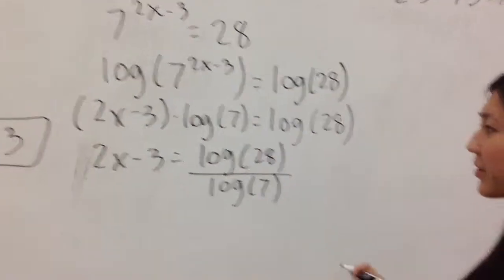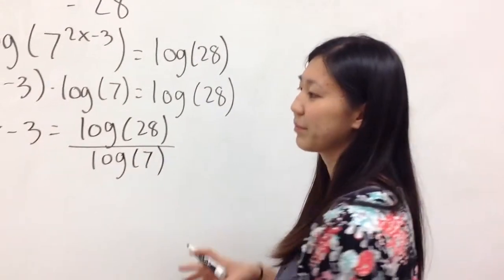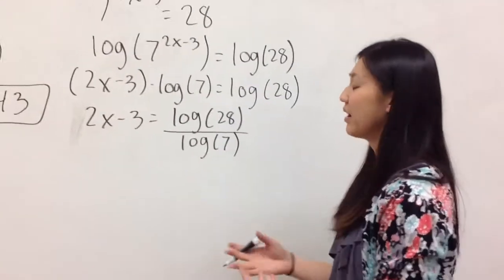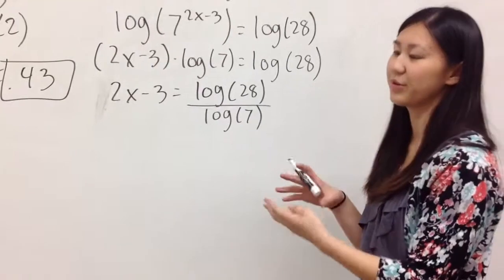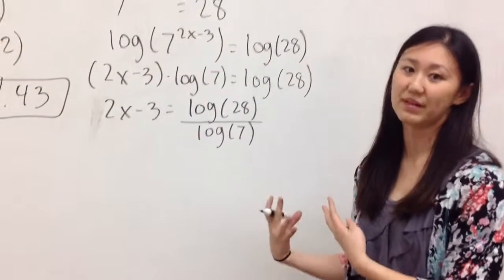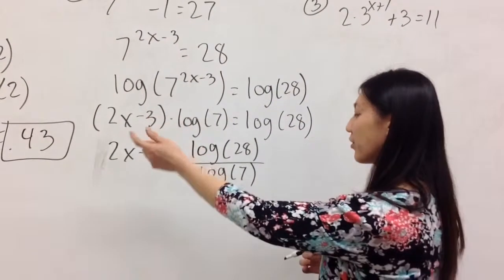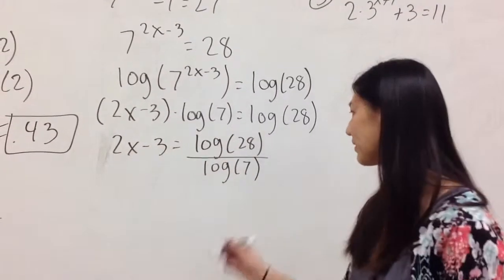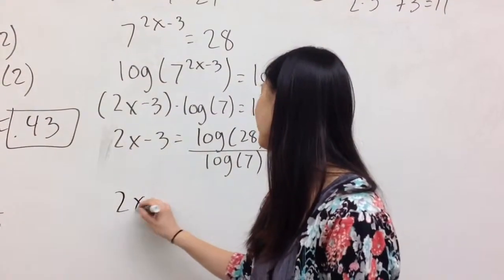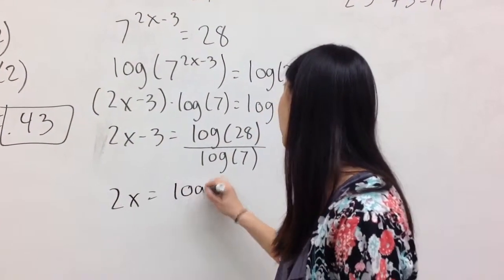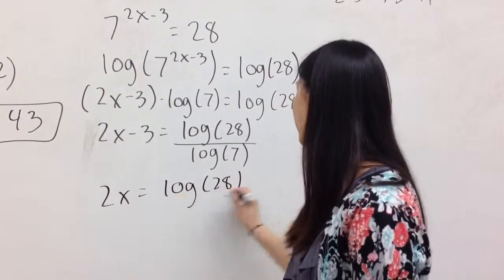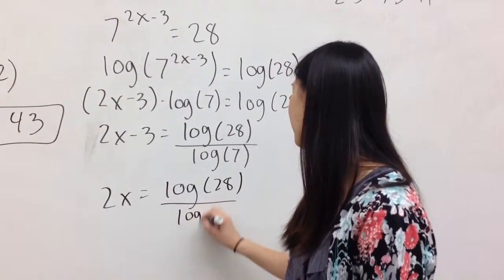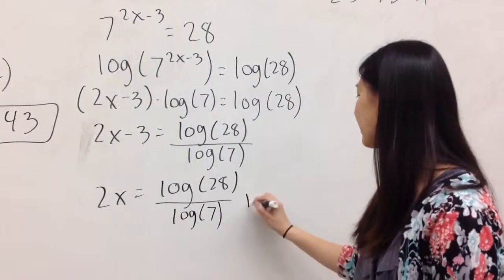And here I'm just going to get x by itself before I put it into the calculator, because to me it's just easier when you put everything into the calculator all at once. So here we're going to add 3 to both sides. So we get 2x is equal to log of 28 over log of 7 plus 3.